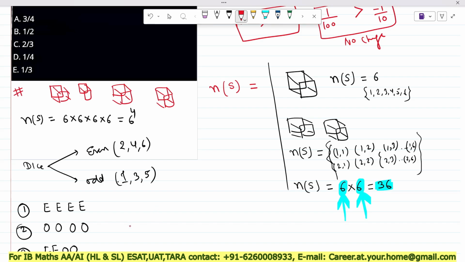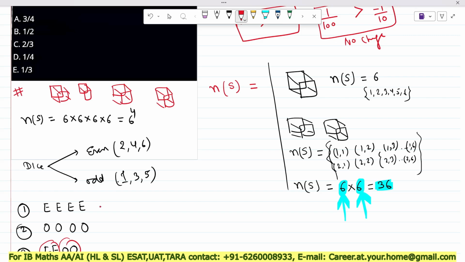Either you may have four even numbers, the sum will be even. You will have four odd numbers, you will have an even sum. You will have two even, so even plus even gives even. We cannot have an odd number of evens or an odd number of odds. Are you getting my point? So only three possibilities will be there.